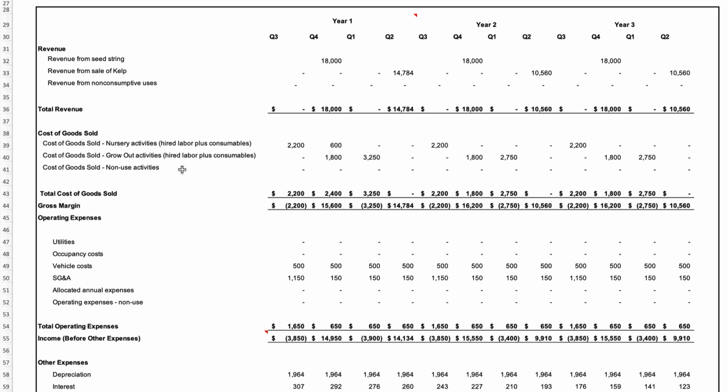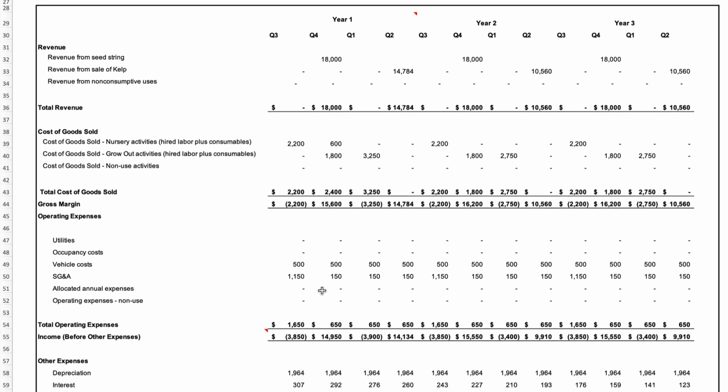Okay. In a standard income statement, your first subtotal is your gross margin, which is essentially revenues minus the cost of those revenues. This gross margin is what allows you to pay for all your overhead or all your operating expenses.